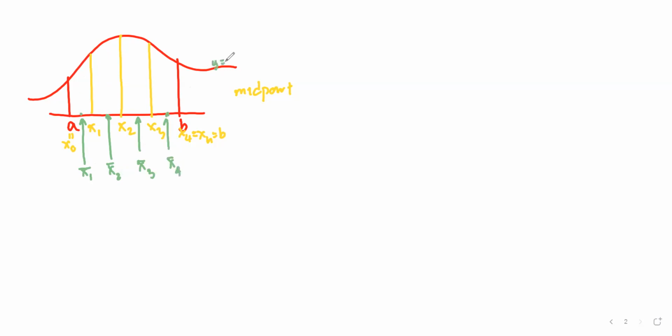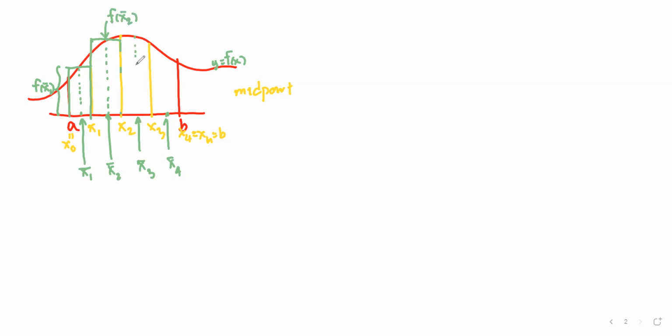And how do we use this? Since this is the function y equals f of x, we're going to form the rectangles. The rectangle has a height and a width. So we use the point x1 bar here to find the height of that bar. And the same over here for the second bar, this one is the function at x2 bar.